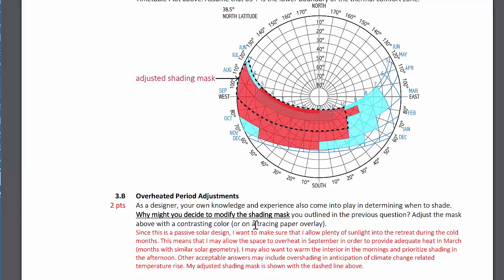Just give us some kind of explanation of your thinking and indicate that you're able to think through looking at these graphic representations. So here I indicated with the black outline my adjusted shading mask, where I'm going to be pretty mindful of allowing enough sunlight into the building during these colder months.